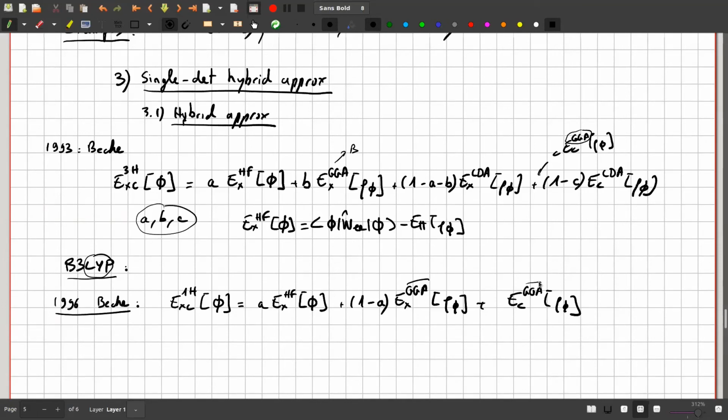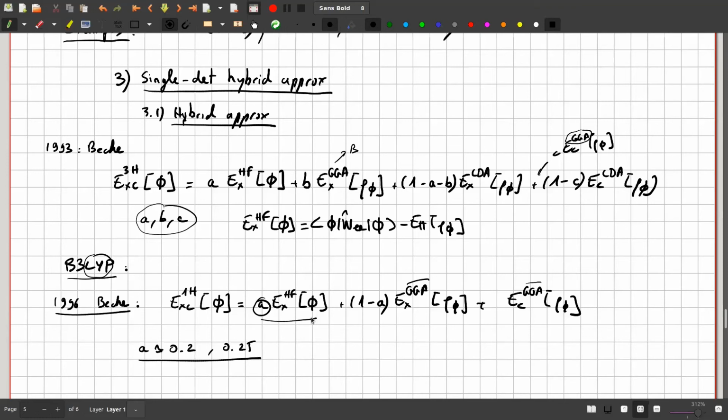So now, what should we take for this fraction of Hartree-Fock exchange? In practice, it turns out that an optimal value is often around 0.2 or 0.25. Why introduce a fraction of Hartree-Fock exchange? That's because you are going to reduce, for example, the self-interaction error.